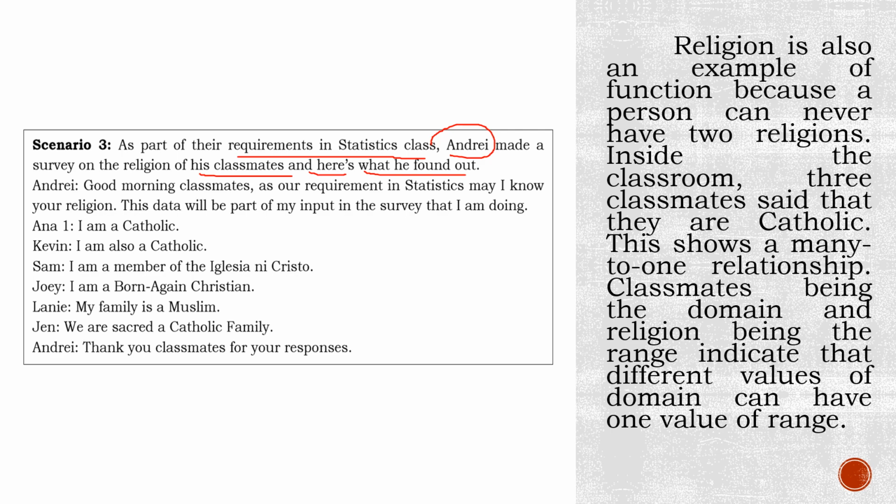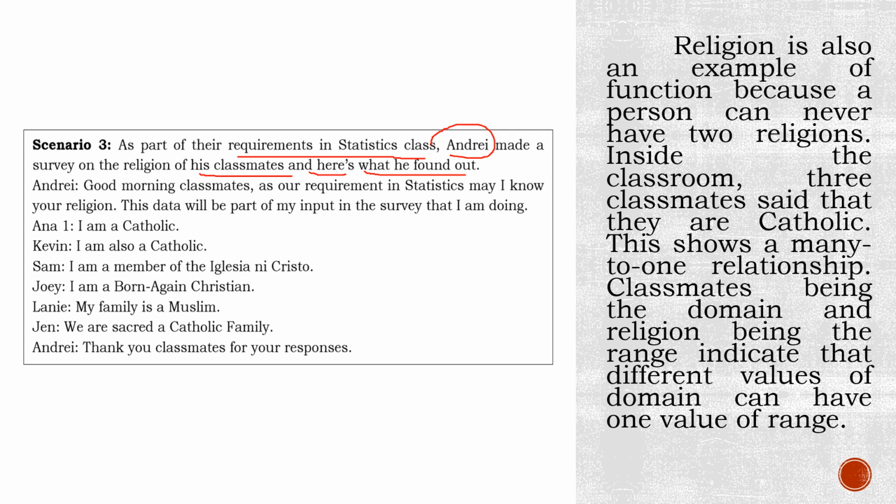Andre replied to his classmates, thank you classmates for your responses. So there are multiple religions mentioned in this conversation of Andre with his classmates Anna, Kevin, Sam, Joey, Lani, and Jen. But again, is it a one-to-one relationship?